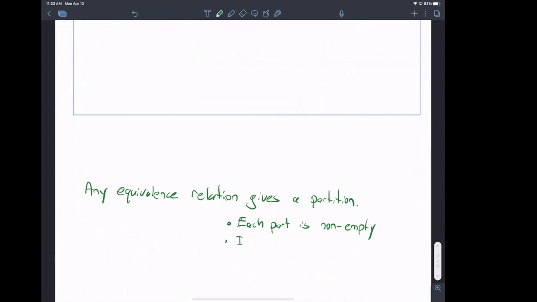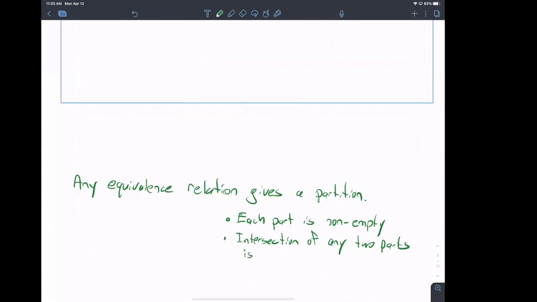The intersection of any two parts is empty; one of the conditions was they're mutually disjoint.